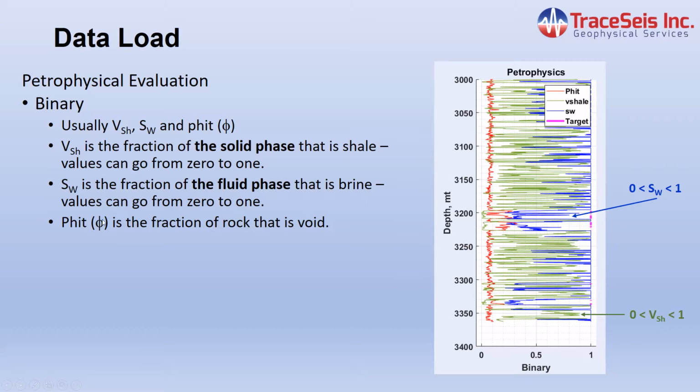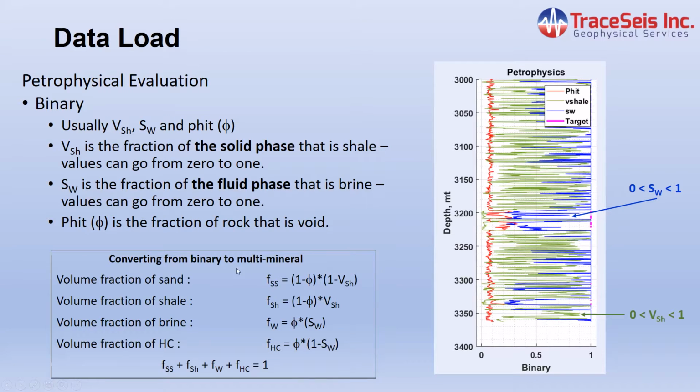And finally, the porosity is the fraction of the rock that is void, and this is the same as for the multimineral case. So if we take V shale plus porosity plus water saturation, the result will not necessarily equal 1.